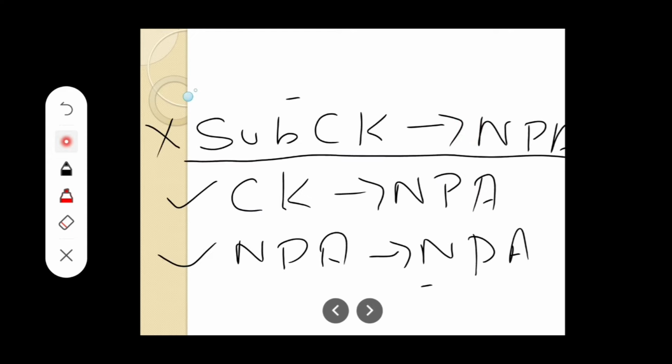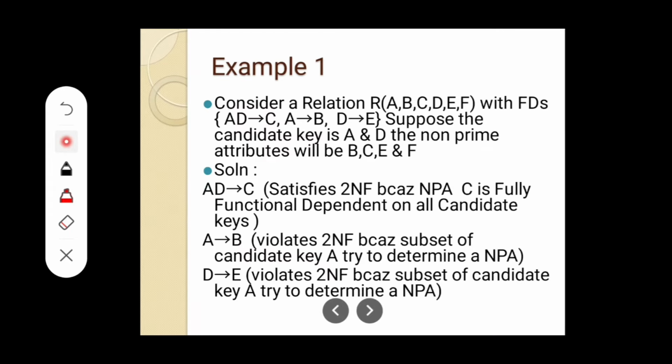So remember these conditions; among them, this one must not happen. But a candidate key directly determining a non-prime attribute is okay. A non-prime attribute determining a non-prime attribute is also okay. Okay, clear?